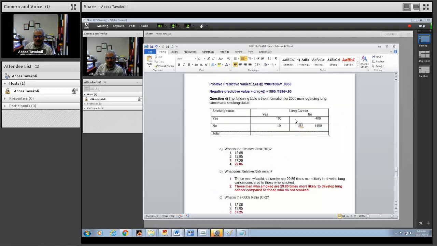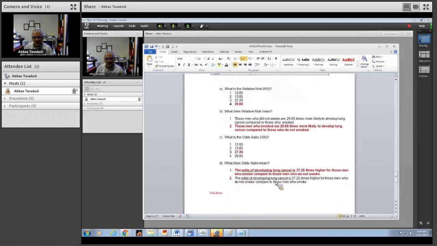Again, for odds ratio, we go from condition or disease to your exposure. Usually you use relative risk with a longitudinal study, and odds ratio when you have a cross-sectional or case-control study. So I hope this solution helped you to understand the material better.